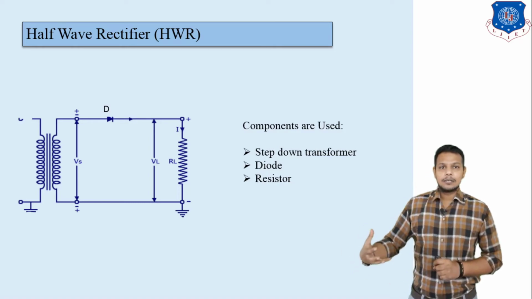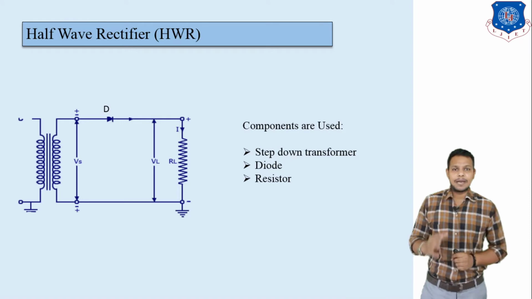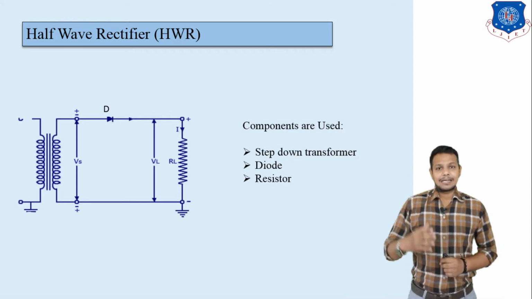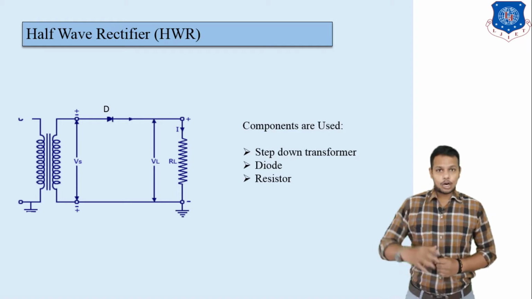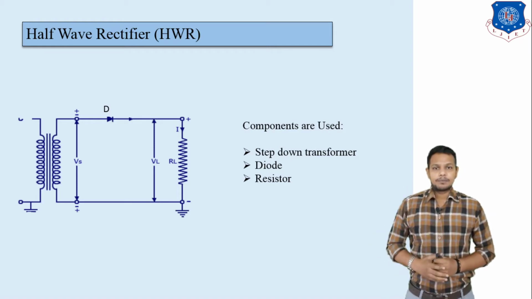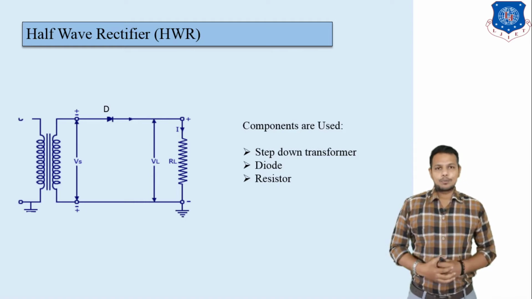In this circuit diagram, the diode is the main component because the diode works in forward bias and reverse bias. According to this, we get the waveform from the output side.